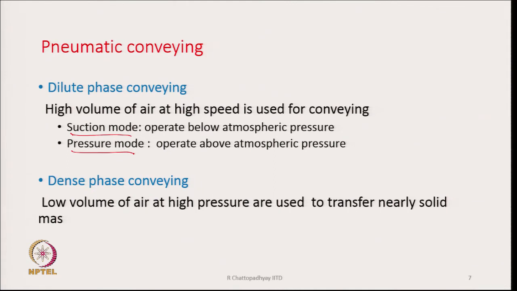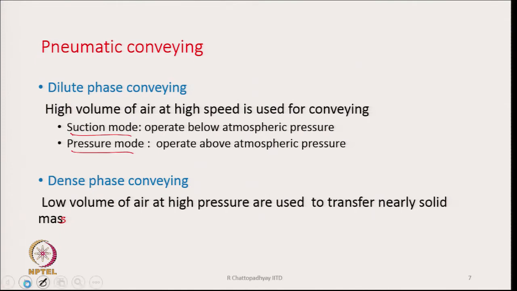The dense phase of conveying, here low volume air at high pressure is used to transfer nearly solid mass. So, in the case of dilute phase conveying, high volume of air is used at high speed, whereas in dense phase of conveying we use low volume of air, but at higher pressure to transfer the solid material.